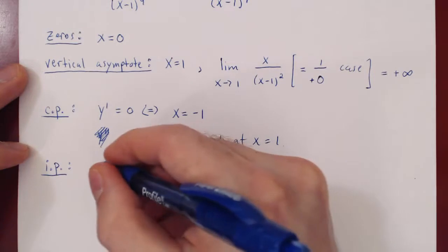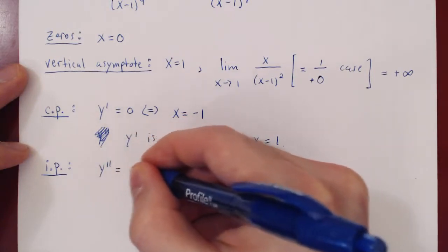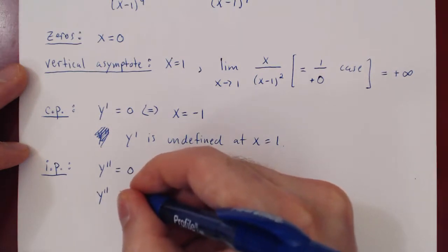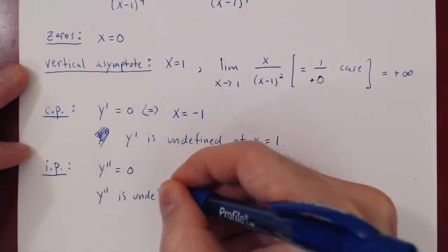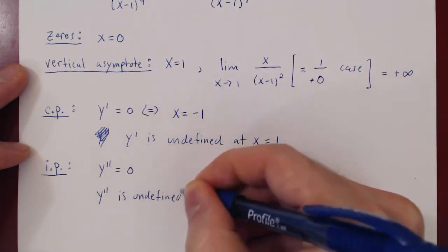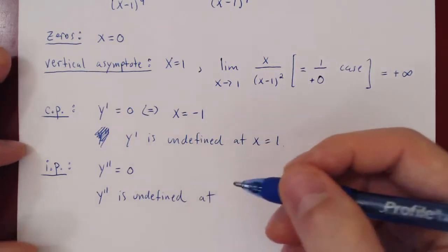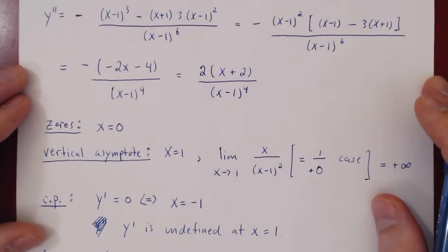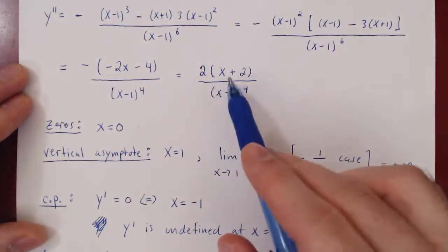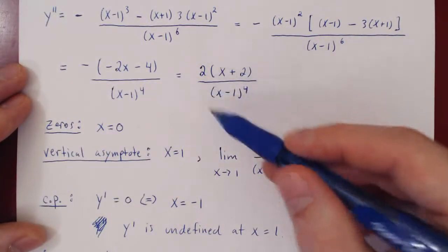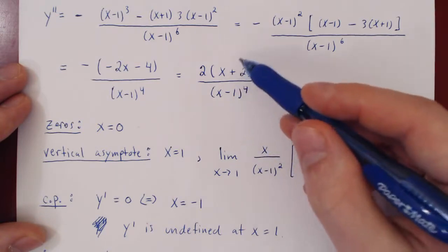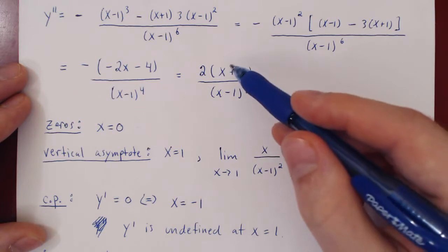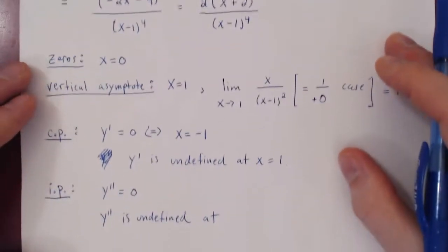Well, this is the second derivative being either 0 or second derivative being undefined. Let's look at our second derivative. It's right here. And now again, the second derivative is a fraction that can only be 0 if the numerator is 0, therefore if x plus 2 is equal to 0, so if x is negative 2.